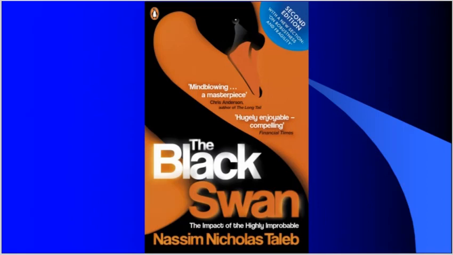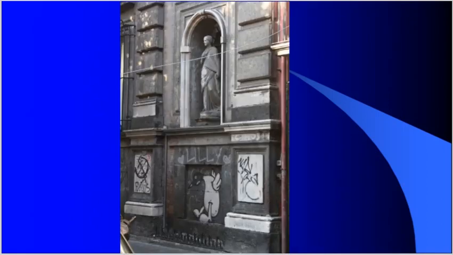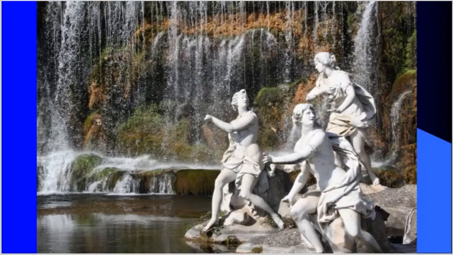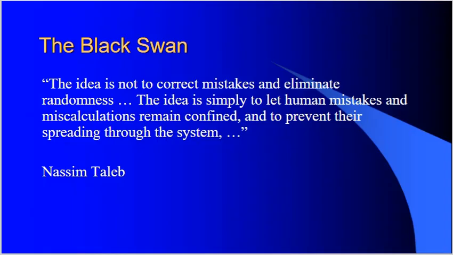So I like to compare it to the streets of Naples, which have way too much rubbish, but they also have many things which are well worth looking at. So in the case of the book, The Black Swan, we should not dismiss the whole book because in some ways it's oversimplistic. I think this quote from The Black Swan is really worth remembering.